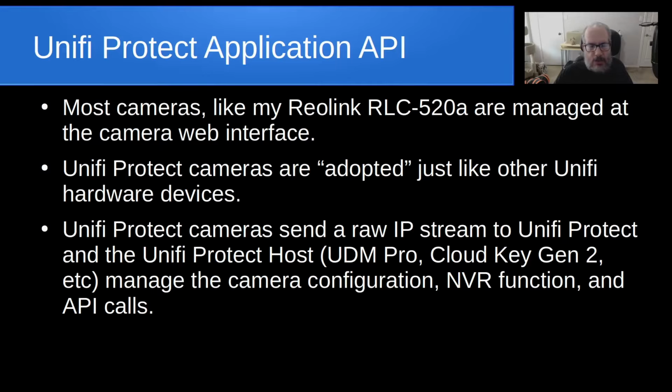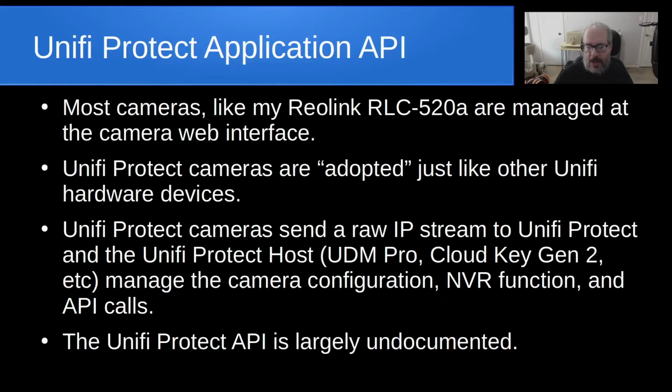I kind of refer to that as the Unifi Protect host, and that might be something like a UDM Pro, a UDM Pro SE, a UDM Pro Max, a Cloud Key Gen 2 Plus, or something like a UNVR, and those manage the camera configuration, the NVR function, and also these API calls that we're going to talk about as the primary subject of this presentation.